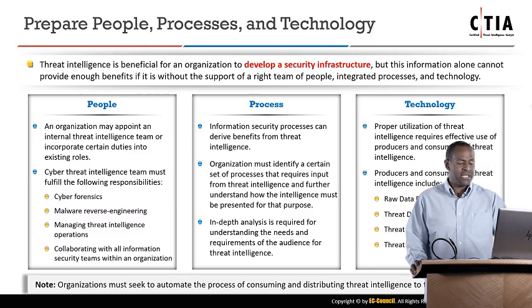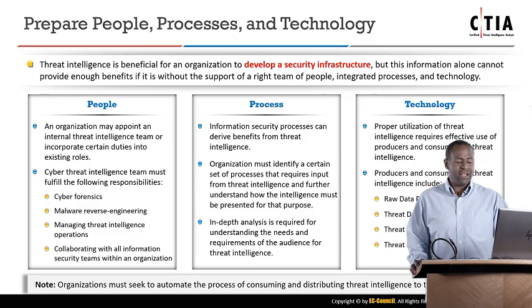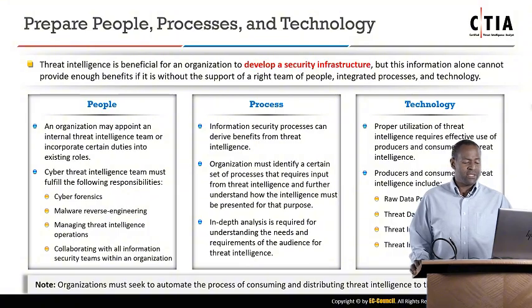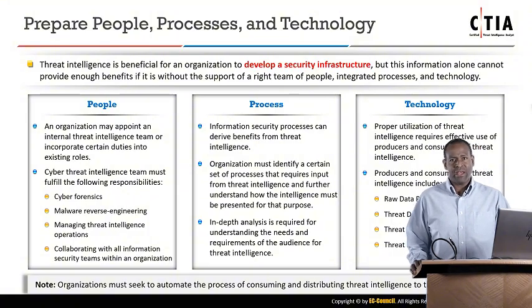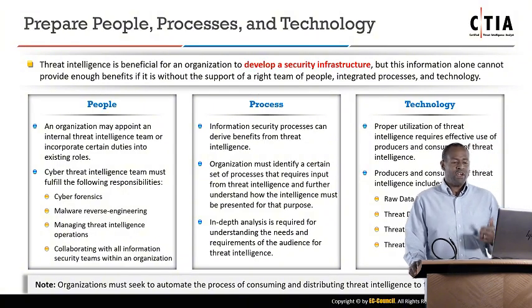Lastly, in processes, we have in-depth analysis required for understanding the needs and requirements of the audience for threat intelligence. So we don't want to just present threat intelligence and throw the information out there and hope somebody needs it. Rather, what we want to do is analyze the organization and make sure that the threat intelligence that we're collecting is useful. So we have people, we have processes.